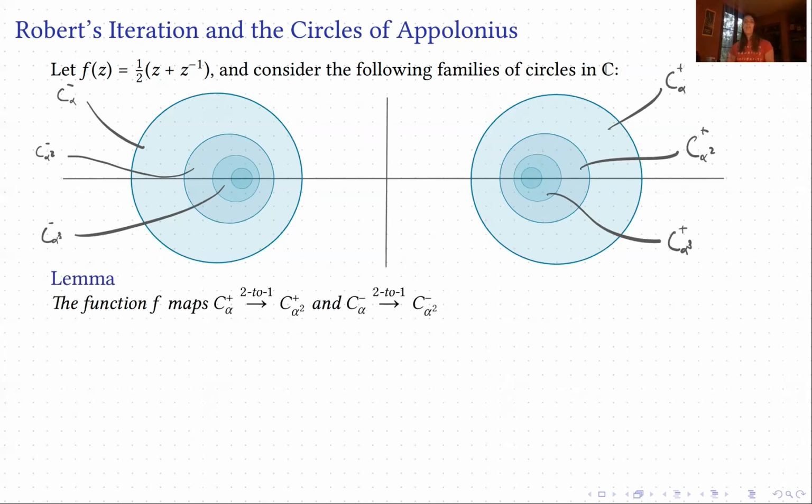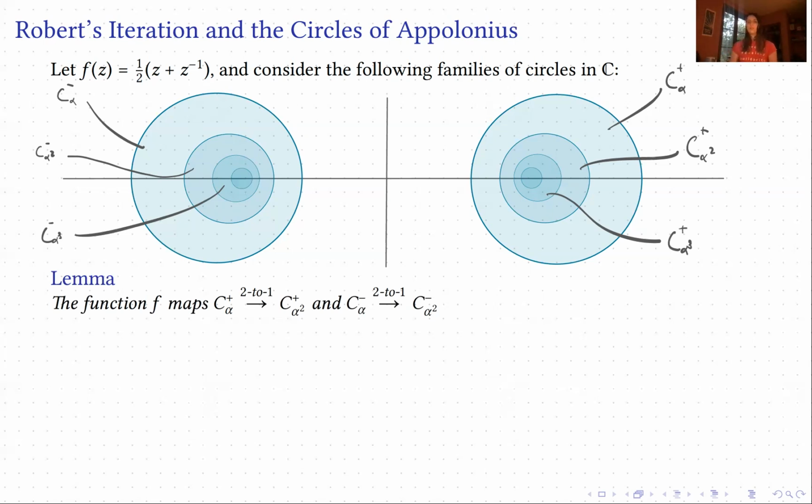Now, the function f actually has a lovely geometric action on these circles. It maps the circle C alpha plus to the circle C alpha squared plus, and the circle C alpha minus to the circle C alpha squared minus. This means that if all the eigenvalues of A are inside the union of C alpha plus and C alpha minus, so they're all inside these outer circles here, then the eigenvalues of f of A will lie inside the union of C alpha squared plus and C alpha squared minus, these two smaller circles.